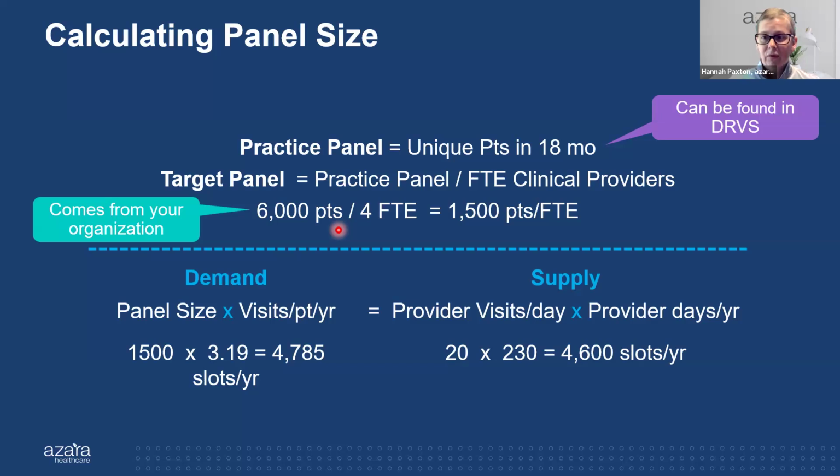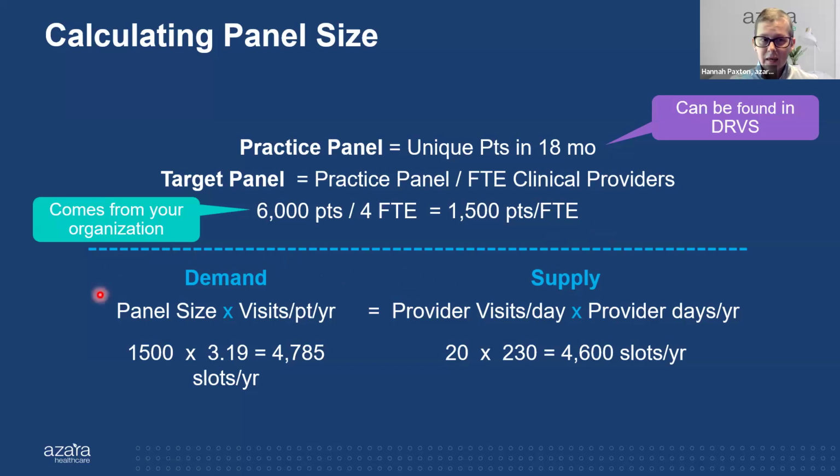Maybe it's your HRSA goal. Maybe it's influenced by some projections from your finance department. But you would need to meet internally to understand how many unduplicated patients do we need to see this year? And then you're going to divide that by the number of full-time equivalent providers that you have. In this example, we said 4, making it really easy to come up with 1,500 patients per FTE.